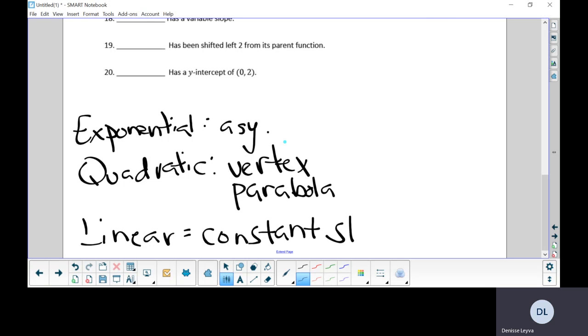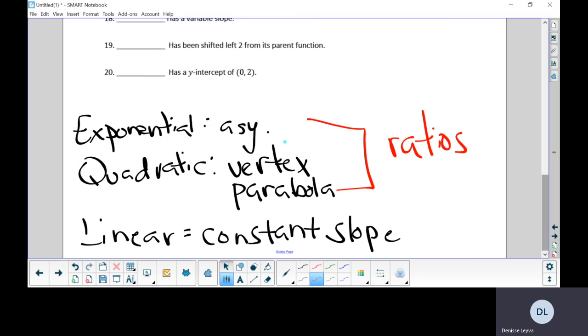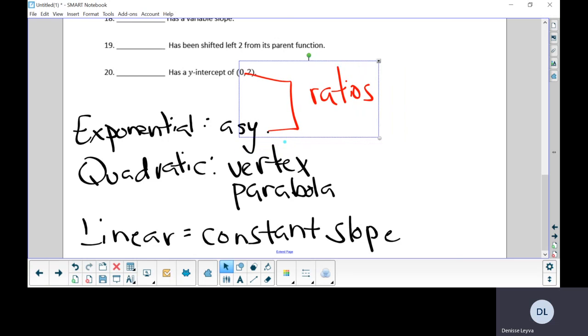Constant slope, remember, is when we have plus 2, plus 2, plus 2, or minus 2, minus 2 every single time. Exponential is a ratio, and quadratic doesn't have either. So I can go ahead and erase that because that only applies to exponential functions.